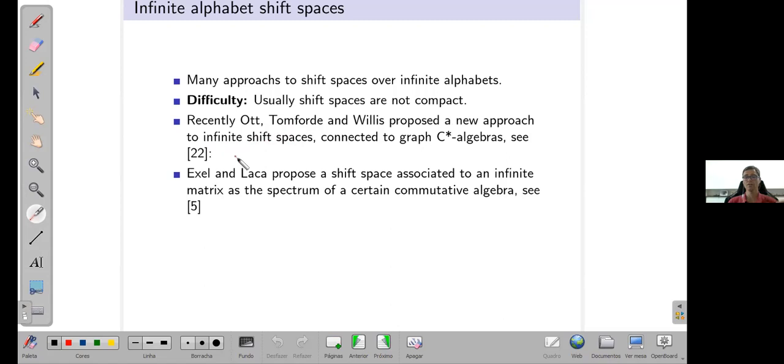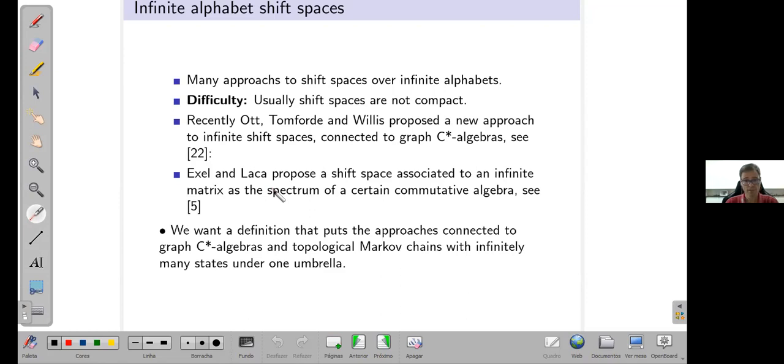And Exel and Laca also proposed a shift associated to an infinite matrix, right? You just get the Markov shift, building on the Cuntz-Krieger idea that the usual shift space is the spectrum of a commutative algebra. But then, we want something that, when possible, puts these two definitions under one umbrella.